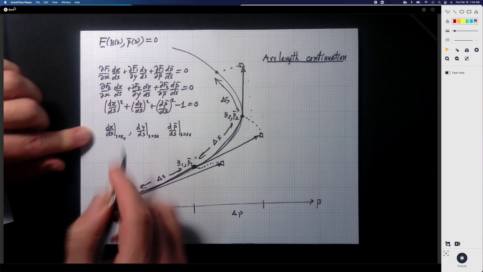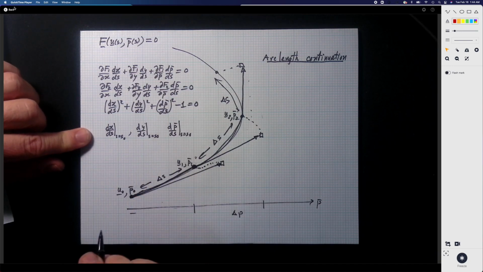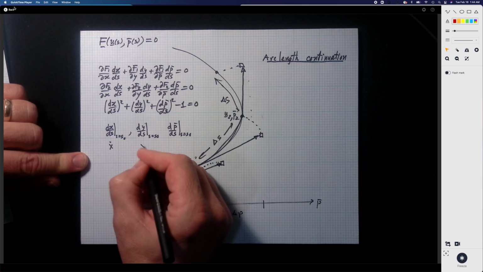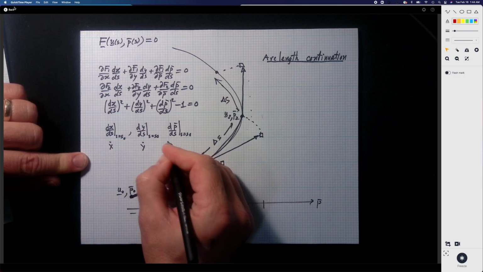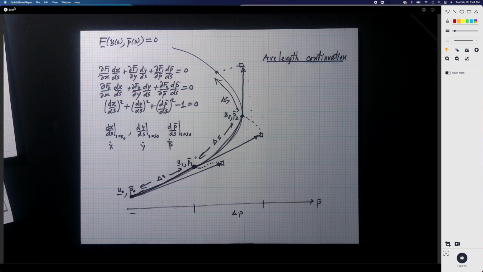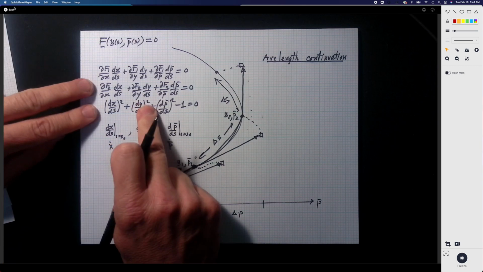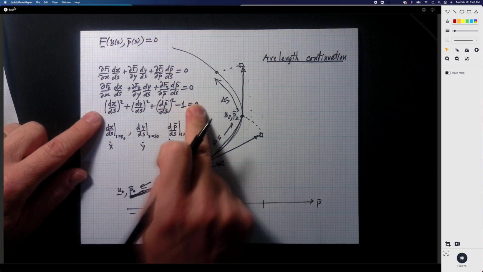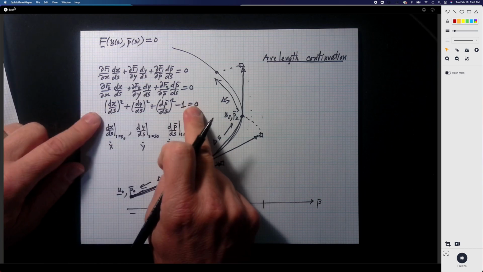So the solution to this system is going to give us these three quantities, which I'm just going to call x dot, y dot, and p bar dot. We'll use this for the predictor, and then when it's time for the corrector, we're going to linearize this one. We're going to linearize the equation to get a simpler system.